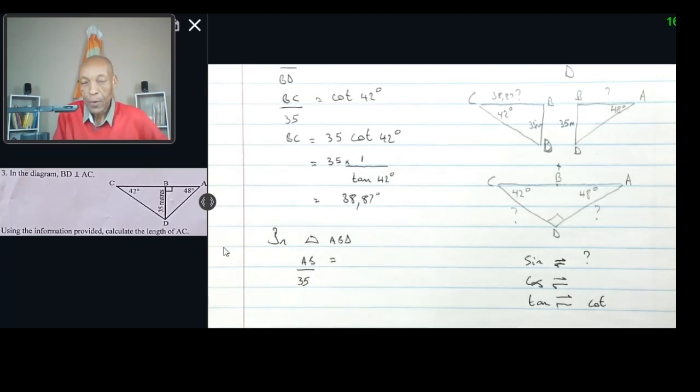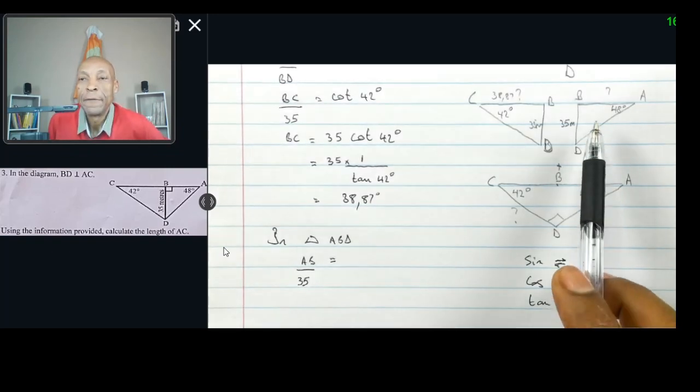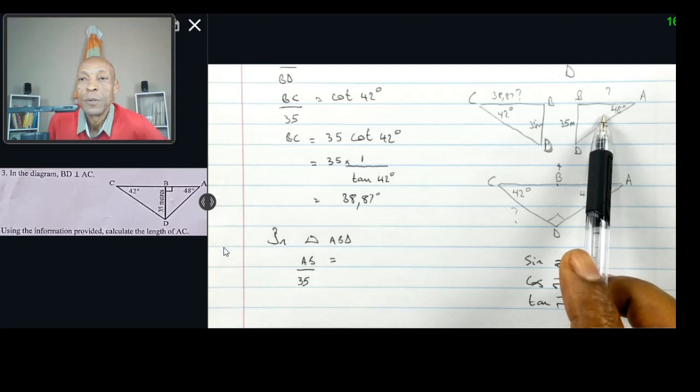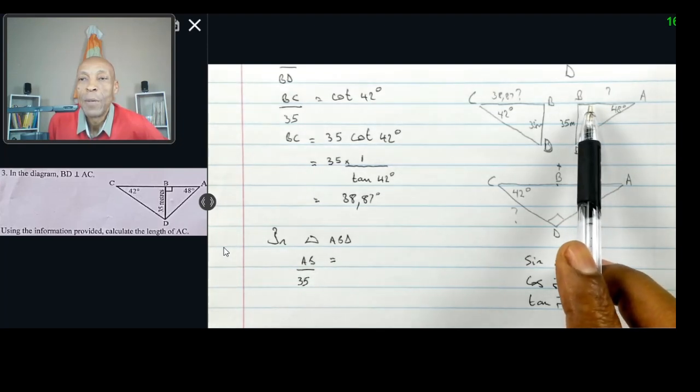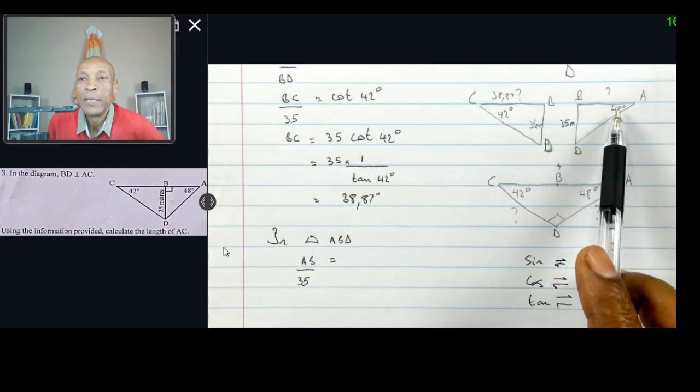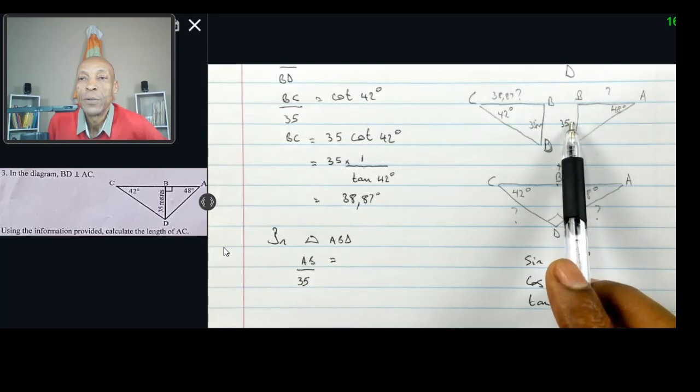Okay. What is the relationship now? I have this angle, which is 48. So my AB is next to this one, and this one is opposite that one. So the opposite comes at the bottom, isn't it?